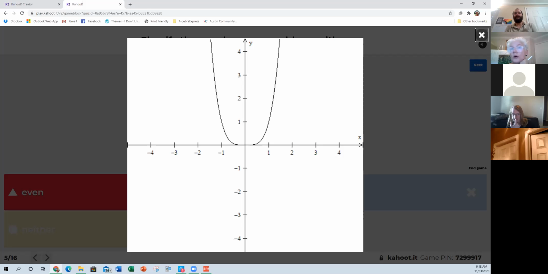Well, it'll work if you have square roots or absolute values too. It won't necessarily work. Absolute values won't work because you can have y equals the absolute value of x to the first, and that is an even function. That's true. So you have to know how to plug in a negative x and see whether it spits the same thing back out. We'll talk about that too.